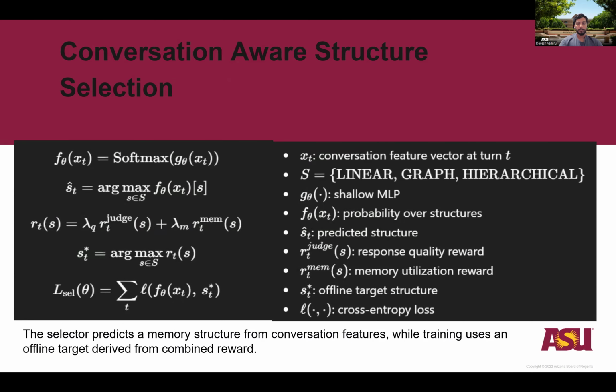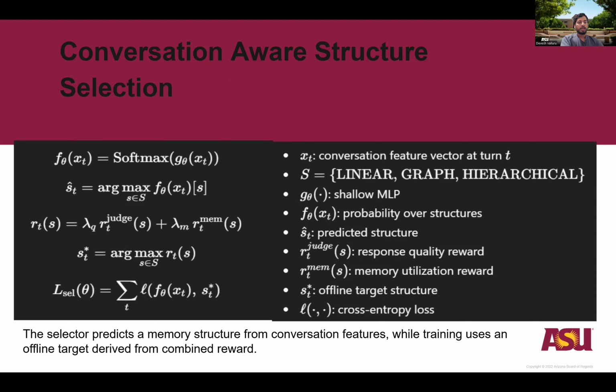So the selector predicts a memory structure from the conversation features while training. Here, offline training means we have a previously prepared dataset that will be used to see whether we are getting a good response, based on this reward structure where we take two rewards. R_j^t is the response quality reward and R_m^t is the memory utilization reward.